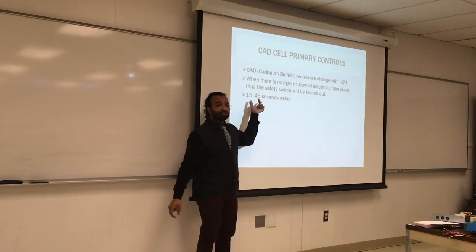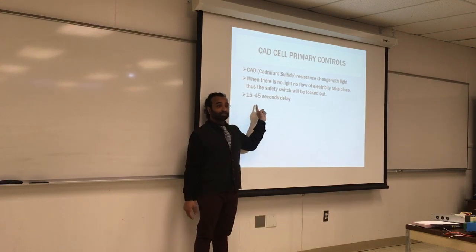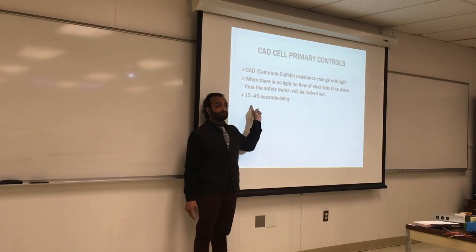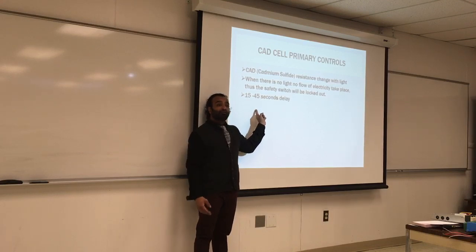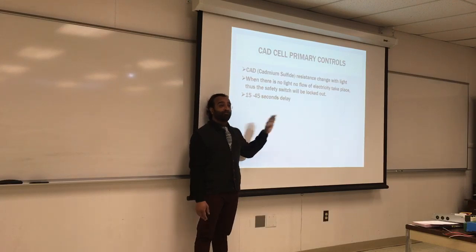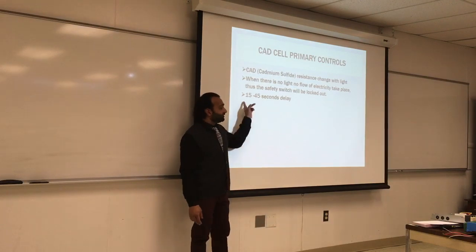Why do I give you a range? Because currently it is 15 seconds. The year before, the code was 30 seconds. The year before that it was 45 seconds. If you have an old 45 second primary control, it's probably grandfathered in, but the new ones are all 15 seconds.